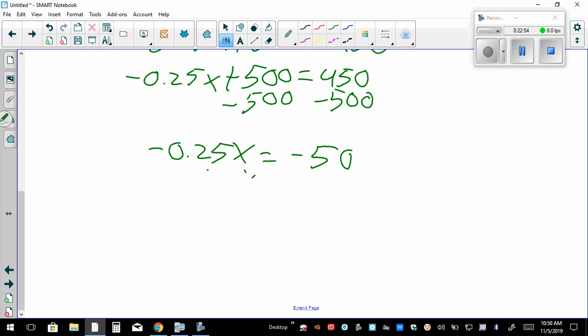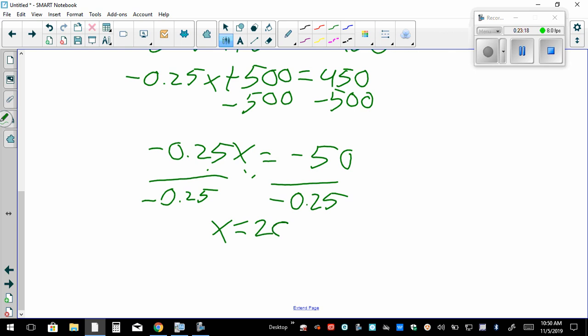And then I would just divide each side by negative 0.25, and what I came out with is x equals 200.